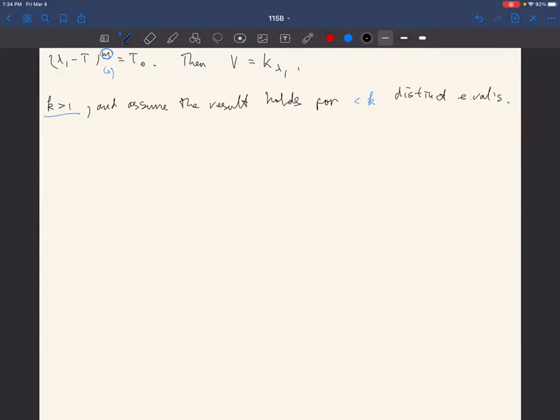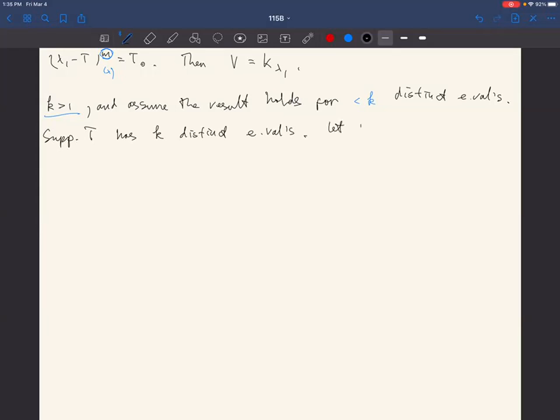So suppose T has k distinct eigenvalues, and we're trying to show that the whole space is the sum of the generalized eigenspaces.